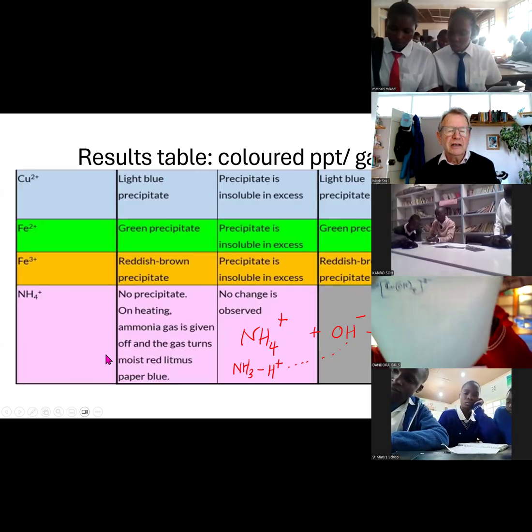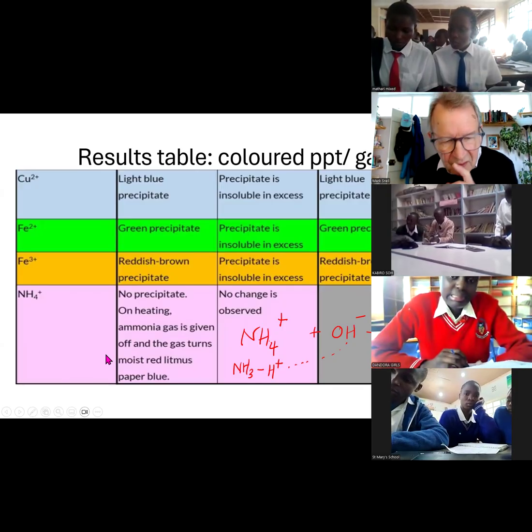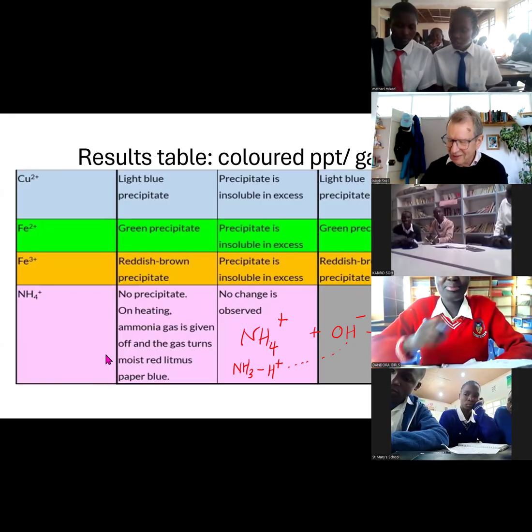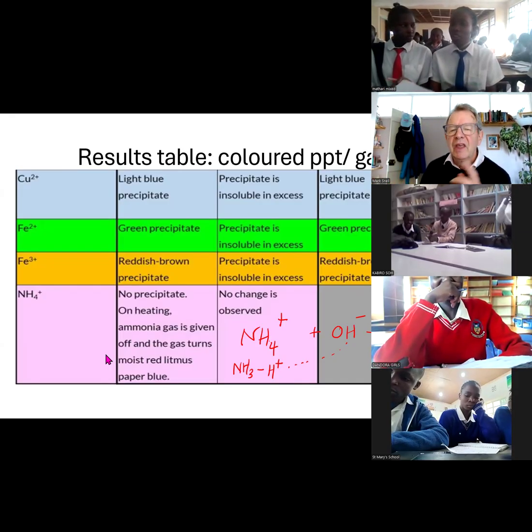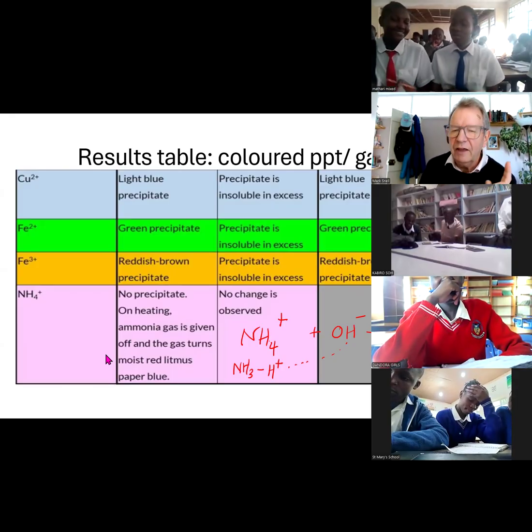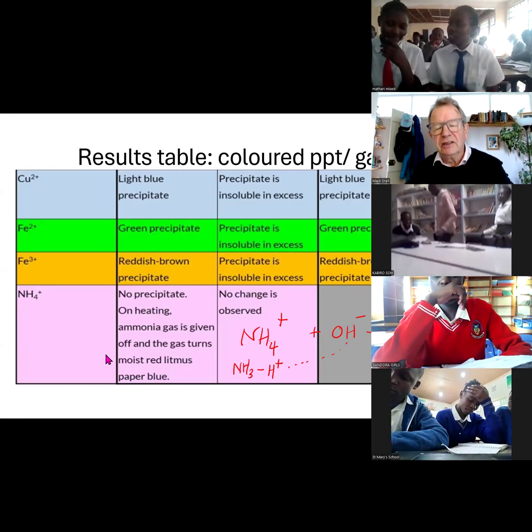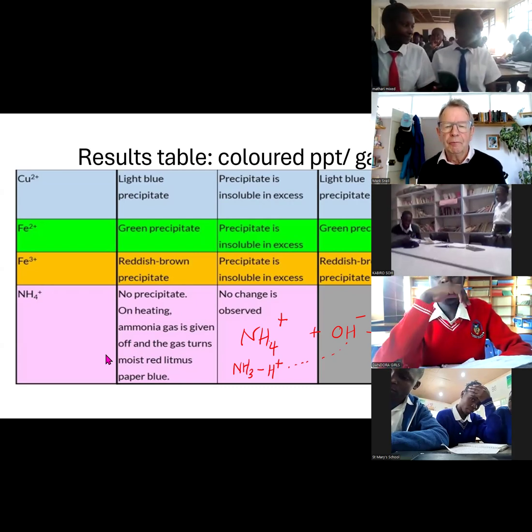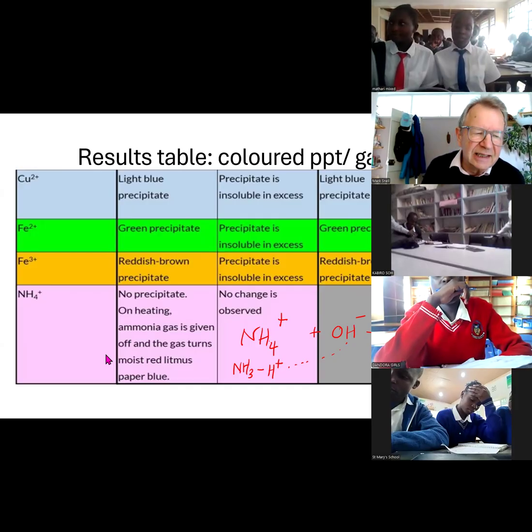It's a very good idea, but it's not that. Copper does not redissolve in sodium hydroxide. If something redissolves in sodium hydroxide, it is always the hydroxide complex. But in this case, it is something different.